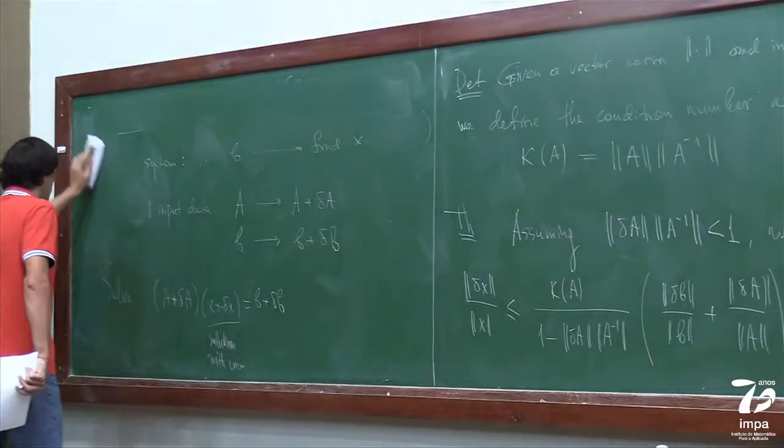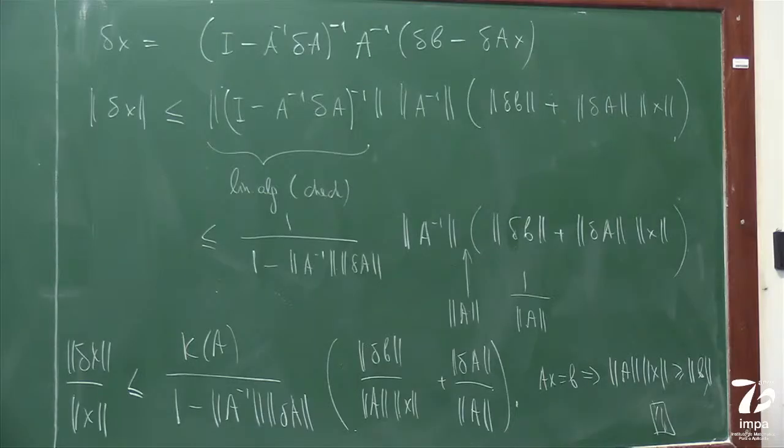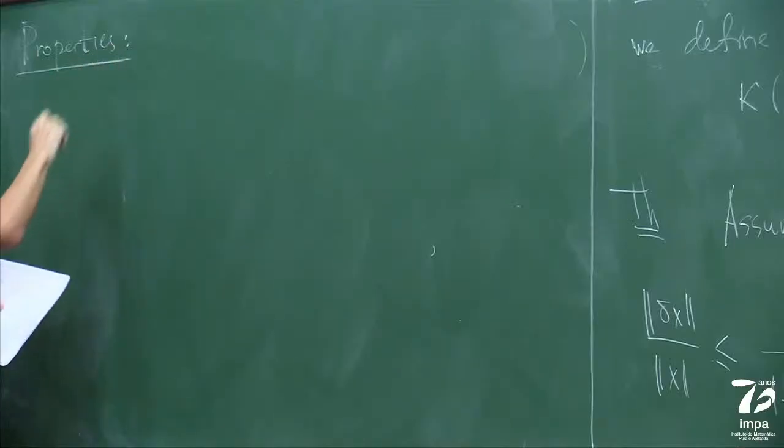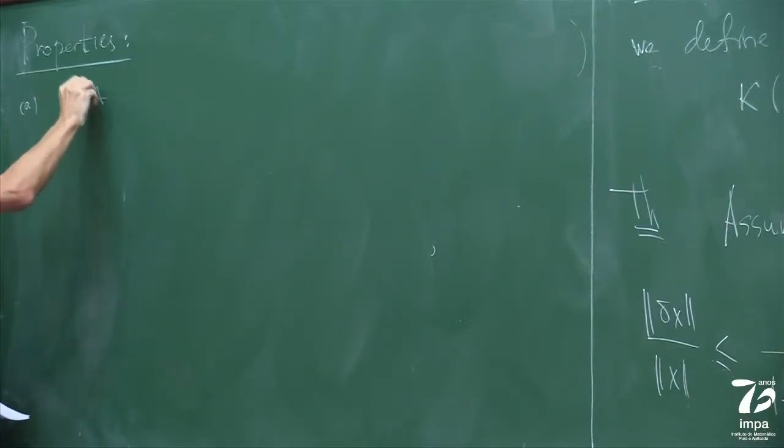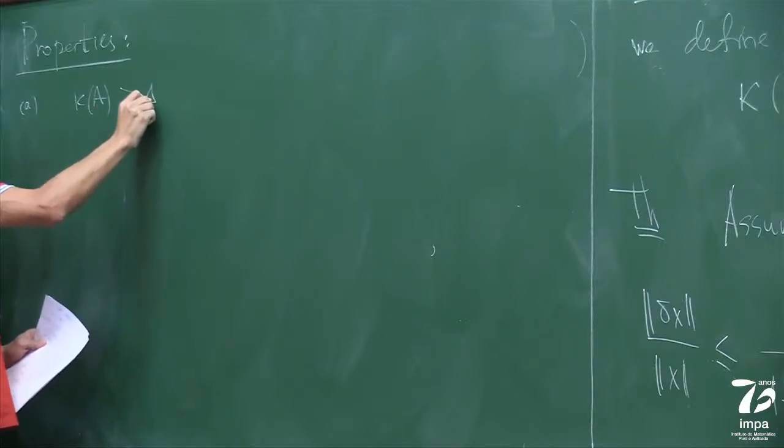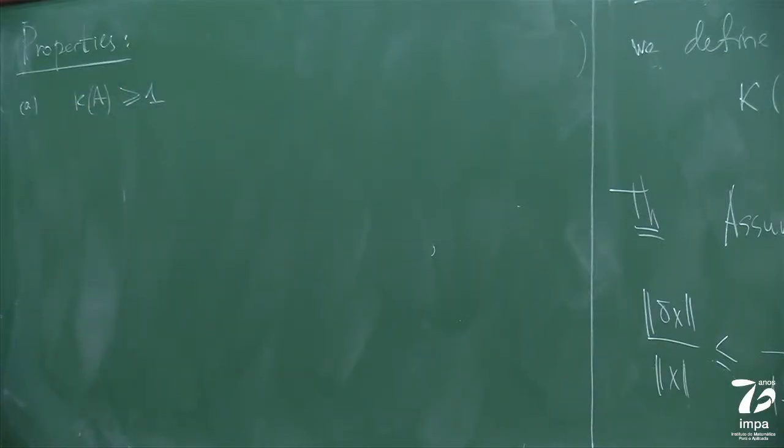And I give you a few properties to remember. Properties of the condition number. The first property is that the condition number cannot be smaller than 1. It is bigger or equal than 1.